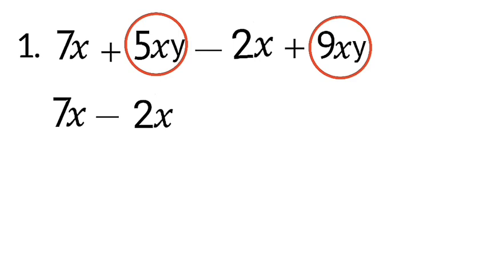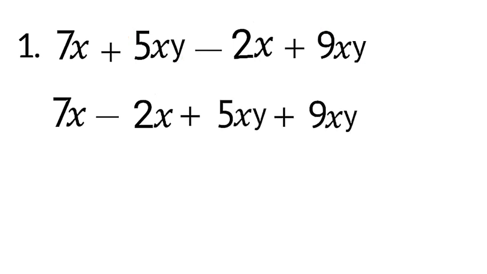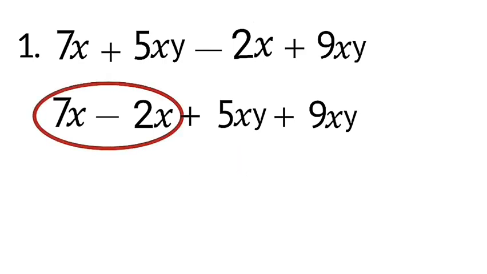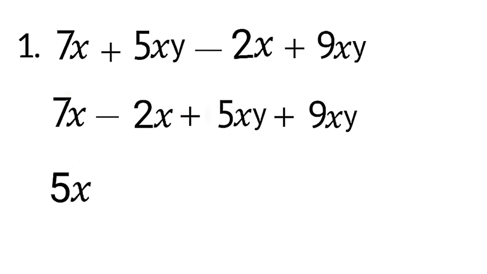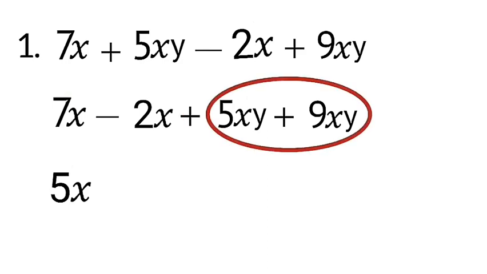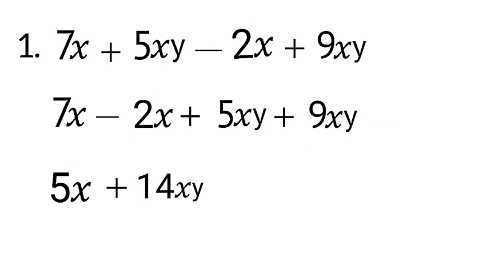Write them as plus 5xy plus 9xy. Now simplify them. 7x minus 2x gives 5x. Also, 5xy plus 9xy gives 14xy.